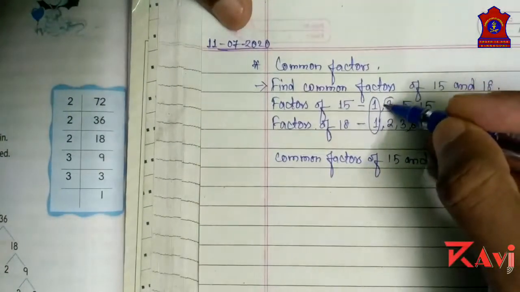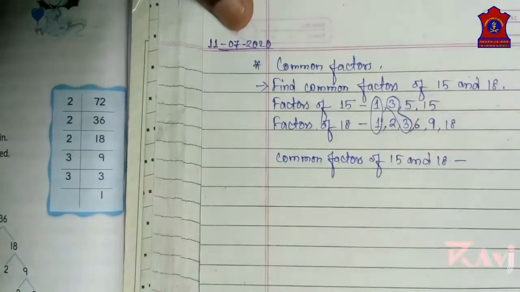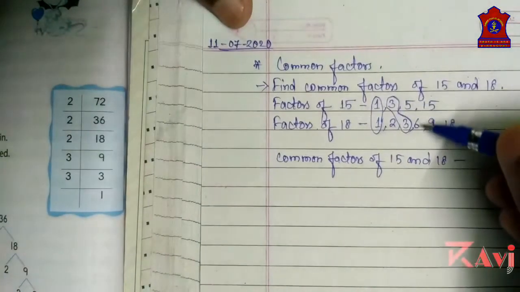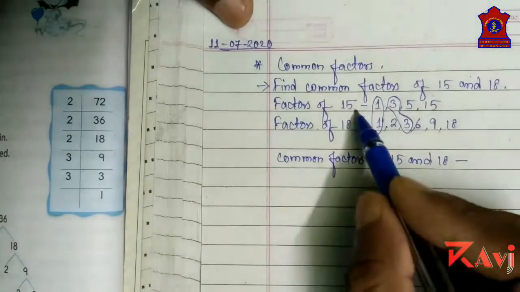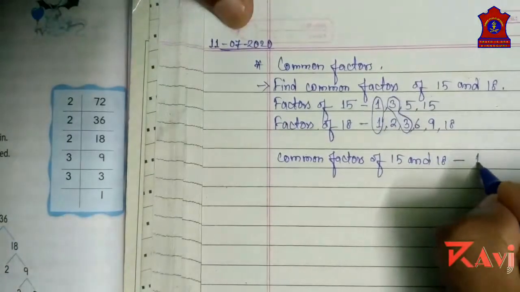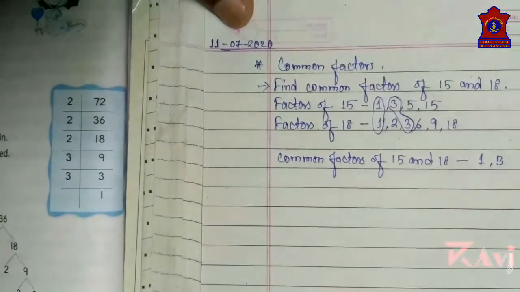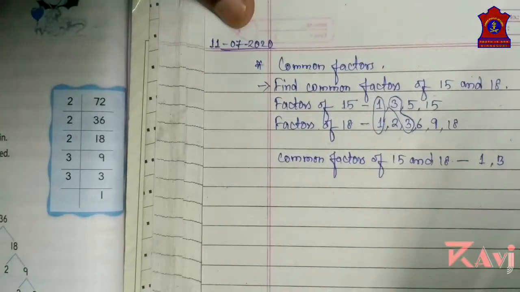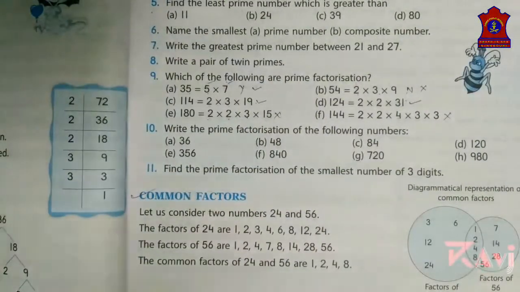Now here 3 is common. Okay, 5 is not common, 15 is not common. So what are the common factors of 15 and 18? 1 and 3. Clear? Like this, you have to find the common factors of given numbers. Clear?